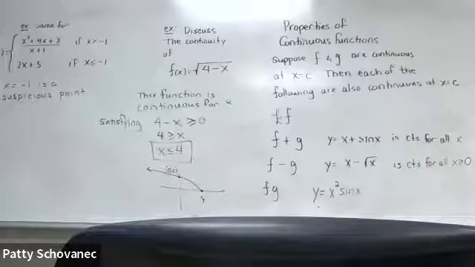We need to check those 3 things that I wrote up here. A function is continuous at x equal to a if f of a exists, if the limit as x goes to a exists, and if they're the same number.